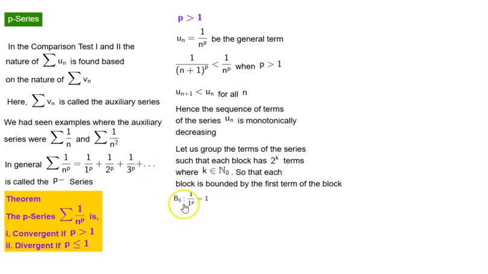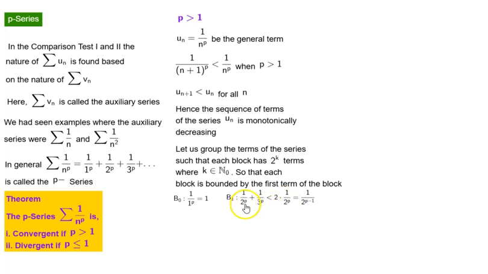What about block 1? Block 1 will have 2 to the power of 1, that is 2 terms. So we have B1 containing 1 by 2 to the power of p plus 1 by 3 to the power of p. This sum will be less than 2 times 1 by 2 to the power of p.